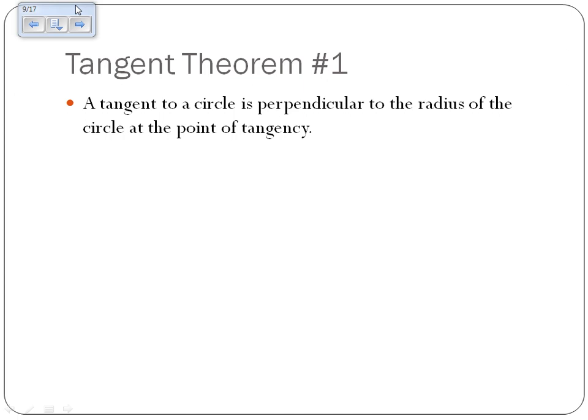All right, we have 2 theorems we have to cover. The first theorem, please write this down and then we'll draw a picture, okay? This one's going to be a little tricky. The second one's pretty easy.